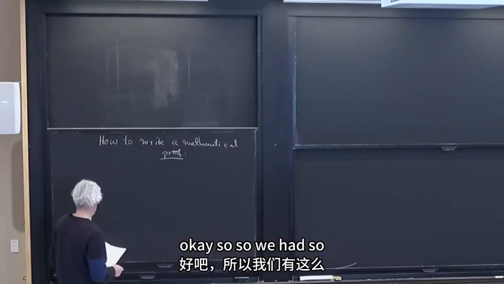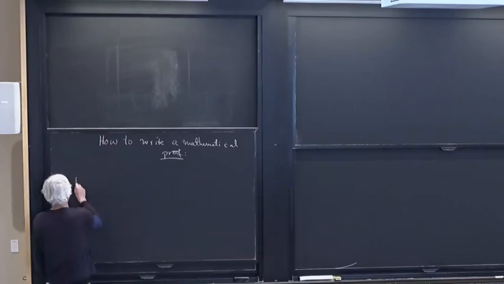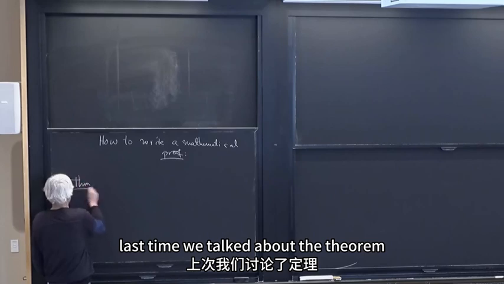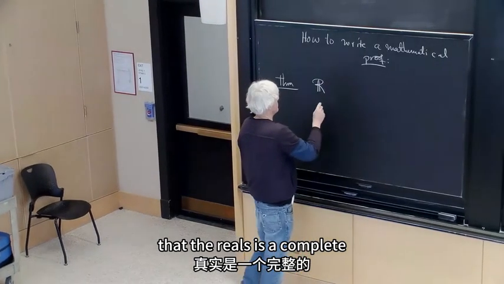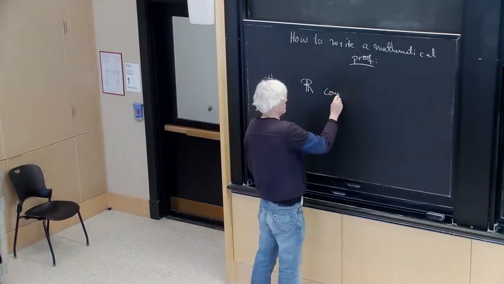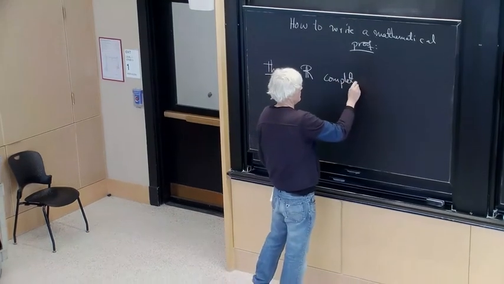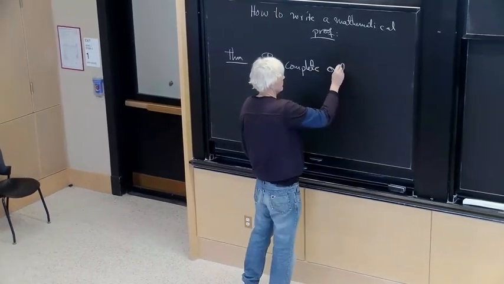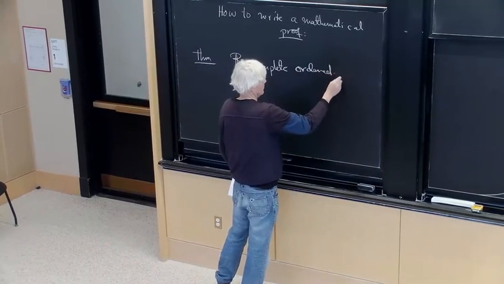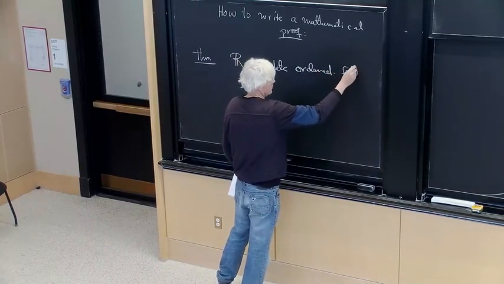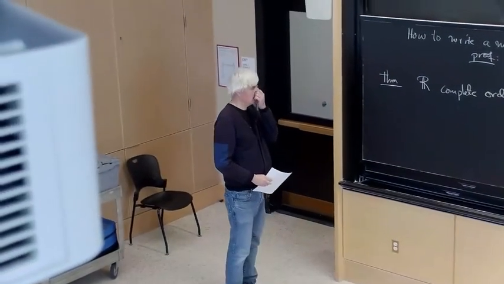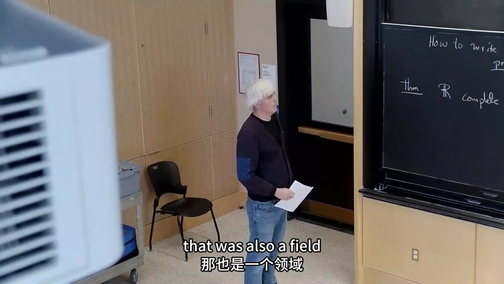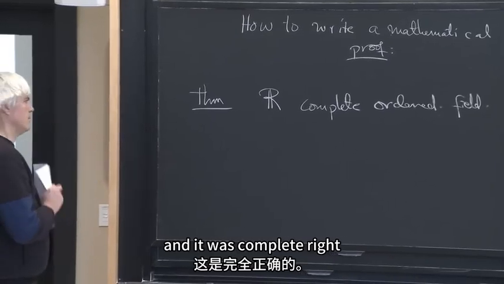Okay, so last time we talked about the theorem, we didn't prove it, that the reals is a complete ordered field. So in particular, it was an ordered set that was also a field, and it was complete, right?